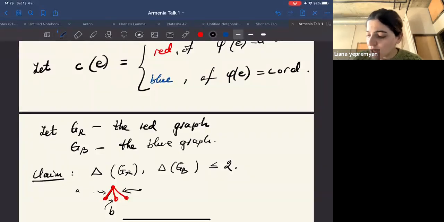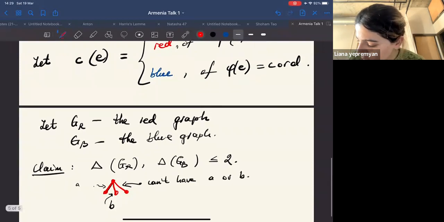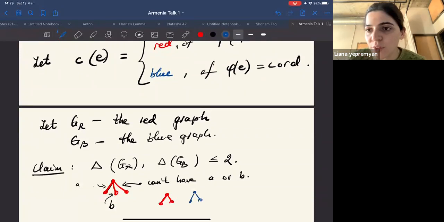I wasn't allowed to have 2 A's here or 2 B's here, right? So every vertex can see at most either 2 red edges or 2 blue edges. It might have 1, but it might have 2 of them. Okay.